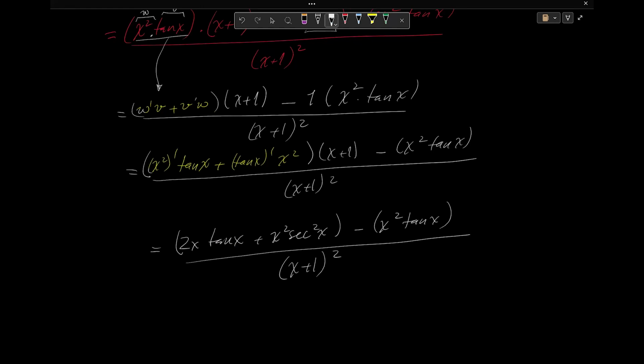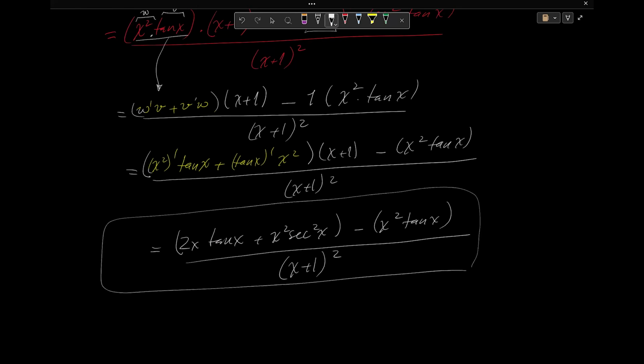Okay, we can factor an x out, maybe. We can write the tangent as sine over cosine and take a sine out, but that's all algebra at this moment. That's where we want to get to.